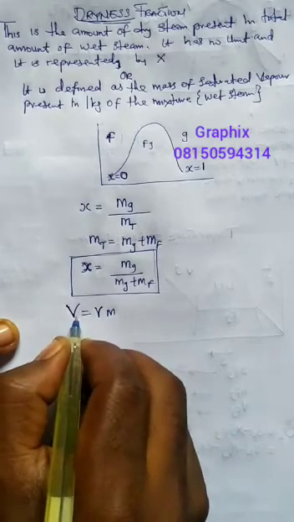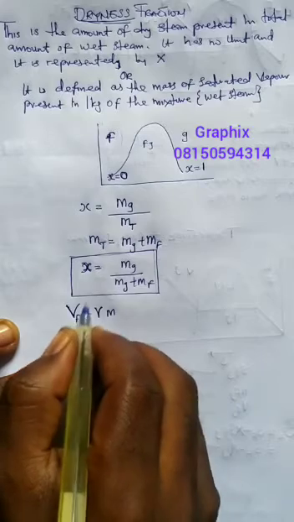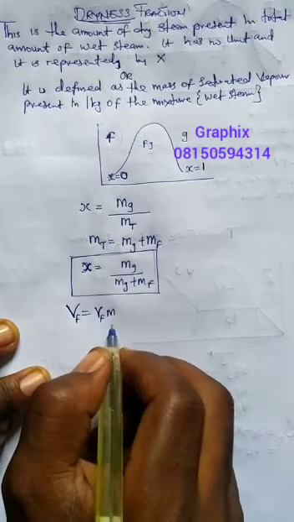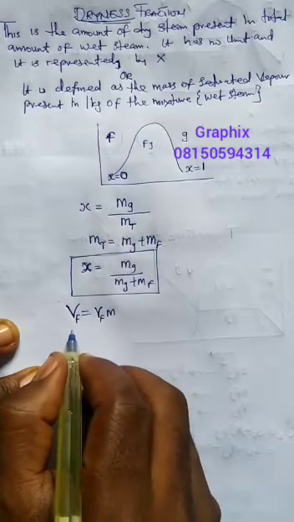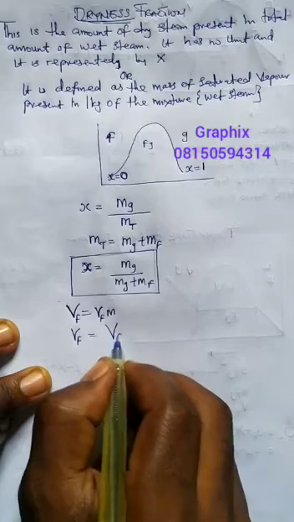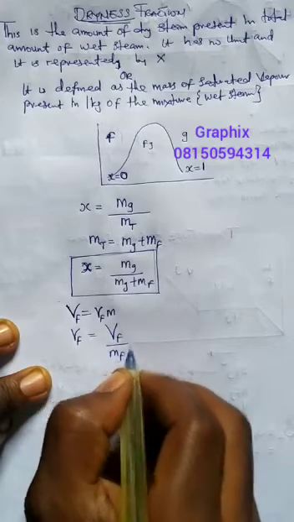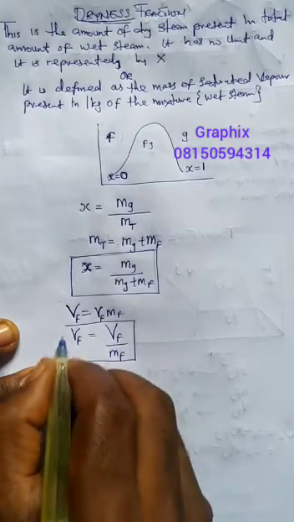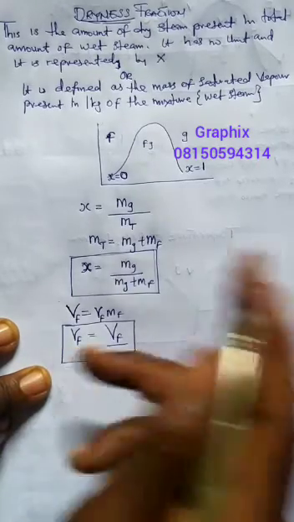So if it is for the fluid, this will be the specific volume of the fluid. Automatically we say my specific volume is equal to my volume over mf. We'll call this f here. This is one point you need to know. It comes in any form.